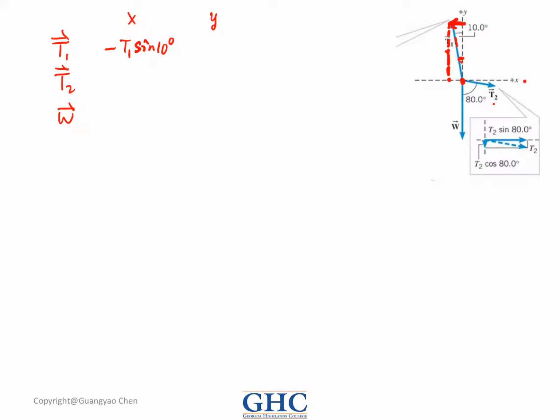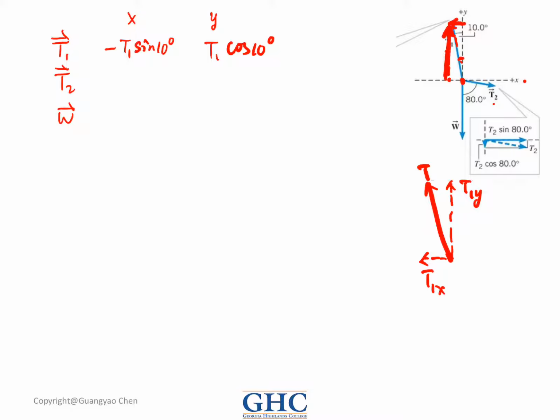And then similarly the y component, which should be magnitude of T1 cosine 10 degrees, because the y component is this one for T1. And this is your T1. So this should be your x component of T1, T1x, and this is your y component of T1.